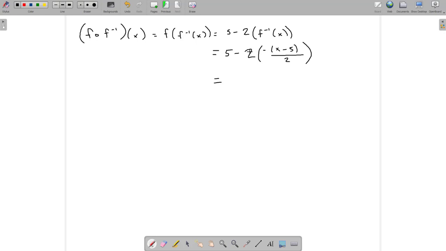These 2's will cancel out right away, which is nice. So I don't have to deal with my denominator anymore. So 5 minus minus is going to become plus x minus 5. And then you can see that as we remove the parentheses, I have a positive 5, I have a minus 5 here, so those are going to cancel with each other. And I'm left with x. So going forward, f of f inverse works. We'll want to try the other way just to make sure that it works both ways.